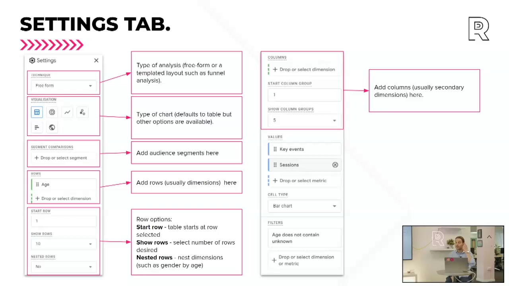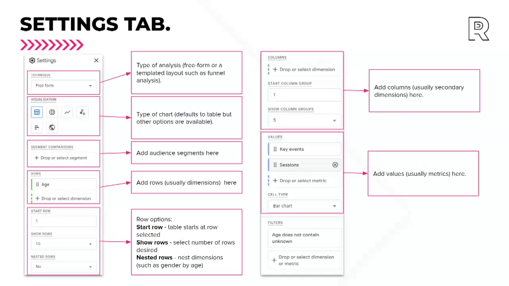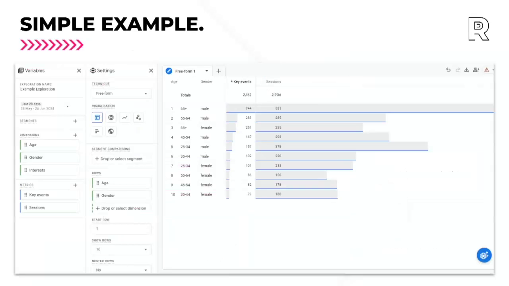It's where you populate, if you want to have columns as well as rows in your tables. Values, this is where you will usually put your metrics. And cell types, so within the table, for example, again, I'll show you an example, there are certain ways to visualize that. And then filters. If you wanted to filter certain data out of your data set, you can do it in the filters section. Again, it uses normal logic.